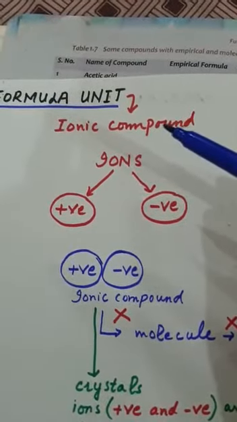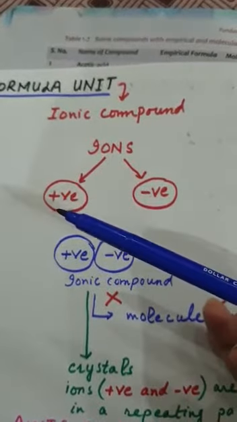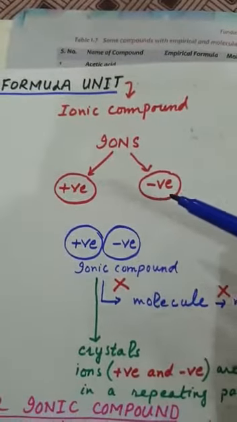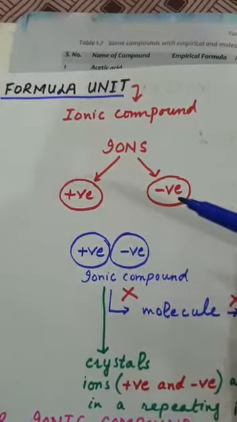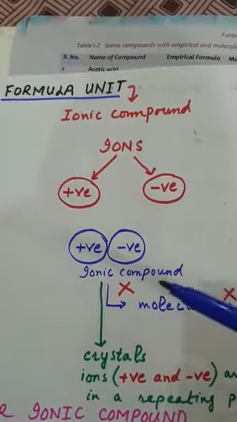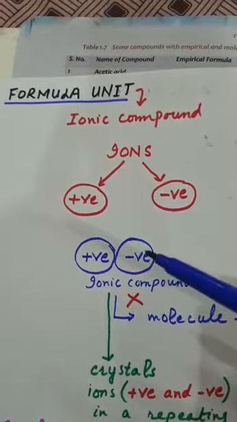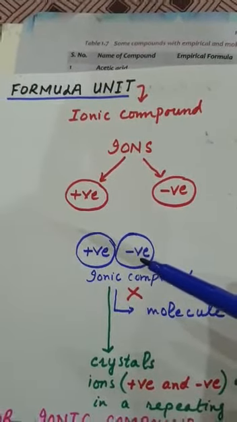Ionic compounds are made up of ions. You know very well that we have two types of ions, positive ions and negative ions. The positive ions are also known as cations and the negative ions are known as anions. Ionic compounds are formed by the combination of positive ions and negative ions.